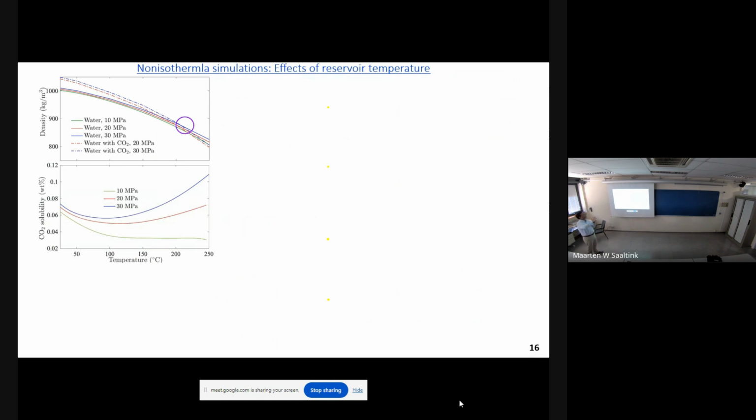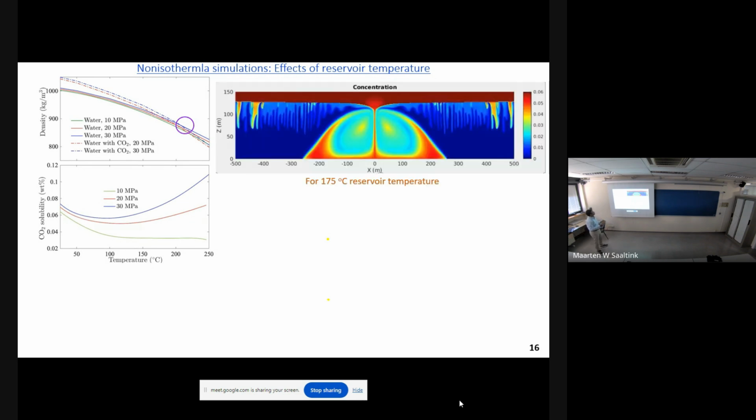If we consider the non-isothermal case, which is most of the cases, the reservoir temperature is different from the injection temperature. I have simulated two cases. One is a 175-degree reservoir temperature, with an injection temperature, if I remember, of 25 degrees Celsius.